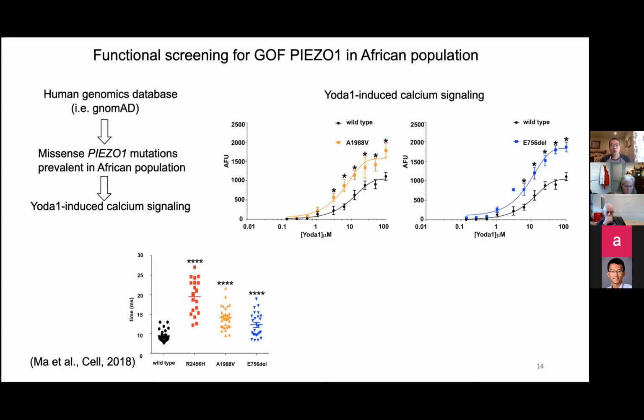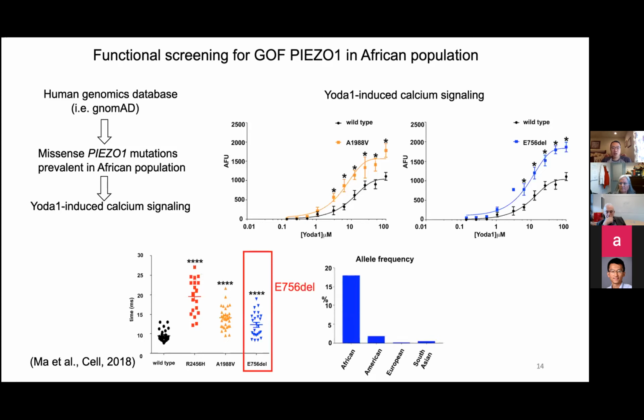And indeed, our electrophysiology confirmed this result: these two mutated channels have much slower inactivation, but the effect is still smaller than the strongest rare gain of function mutation isolated from xerocytosis patients, suggesting that these two mutations are mild gain of function mutations.